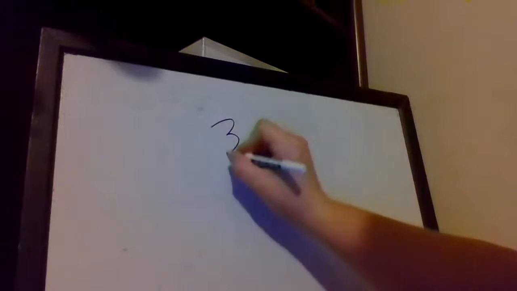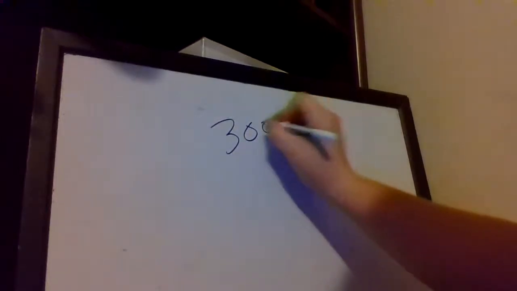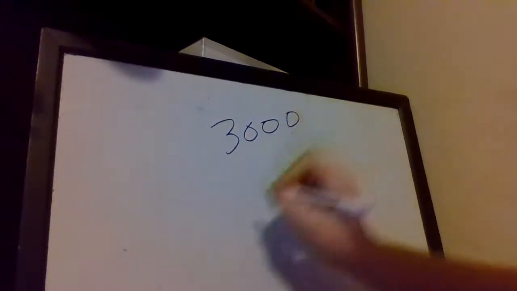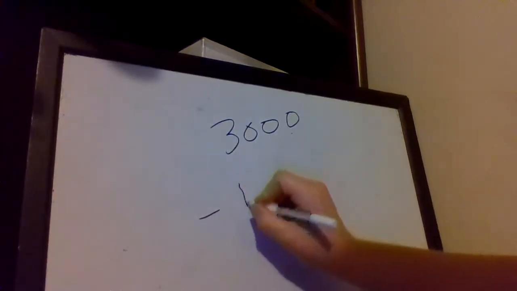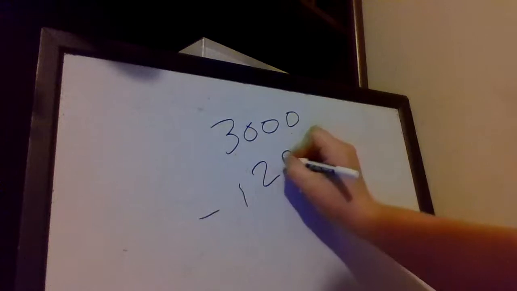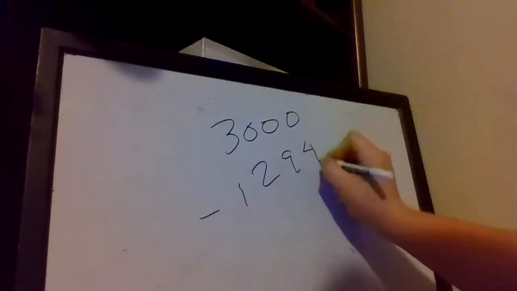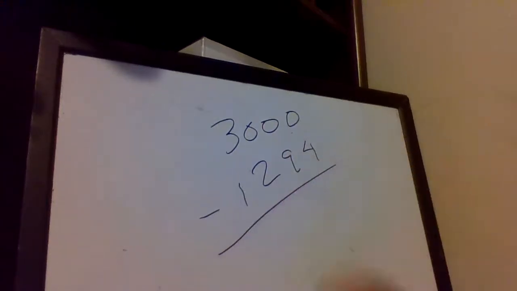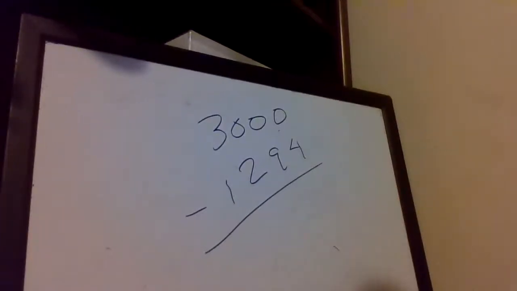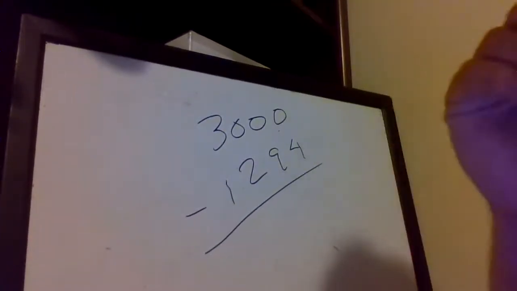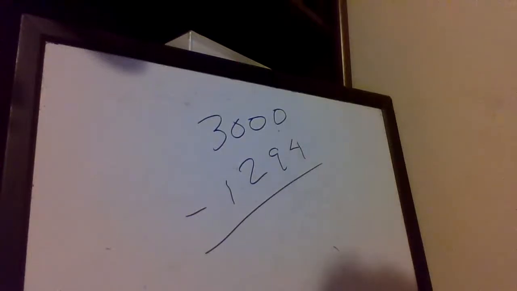So we've got the number 3,000 minus 1,294. Alright, so the first thing we're going to do, we're going to ask ourselves, where is the ones place? So guys, where's the ones place?